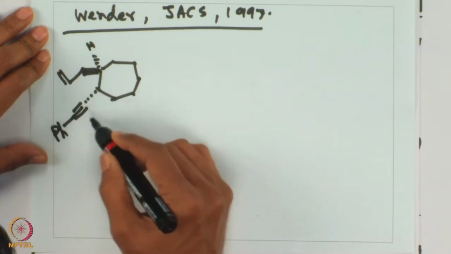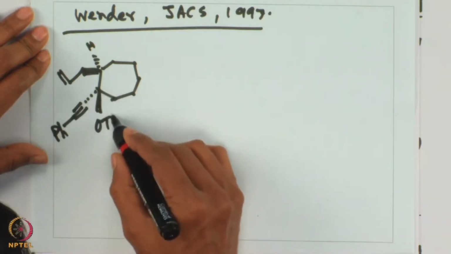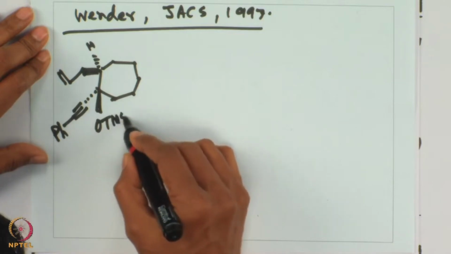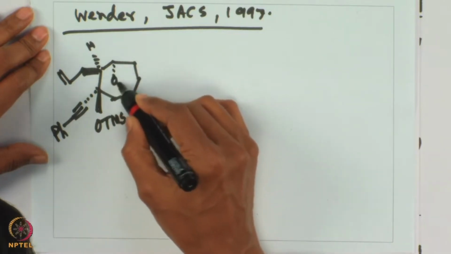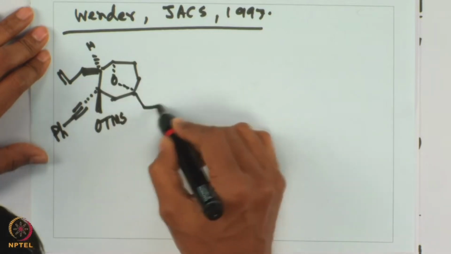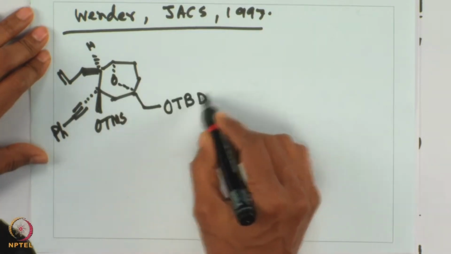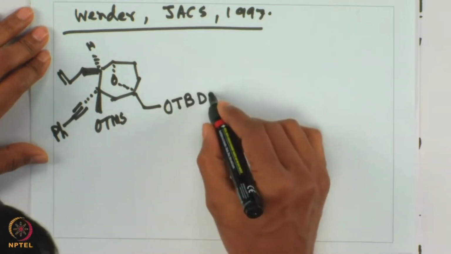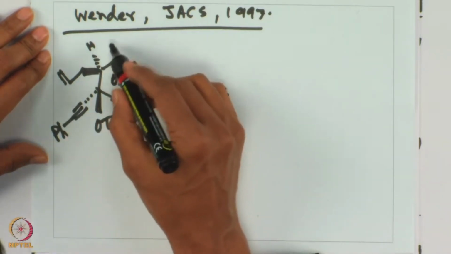Once again this is an internal alkyne, and we have the alcohol, a tertiary alcohol protected by TMS, and you also have OTBDMS protection over there for this other alcohol that is there for the natural product synthesis.